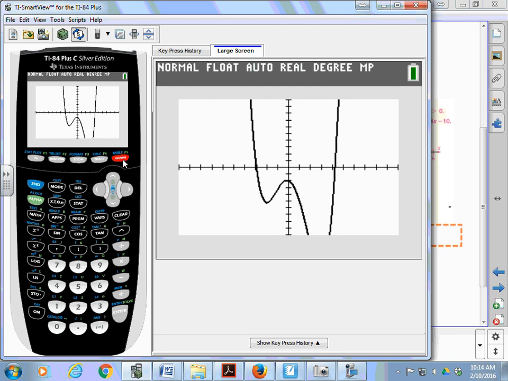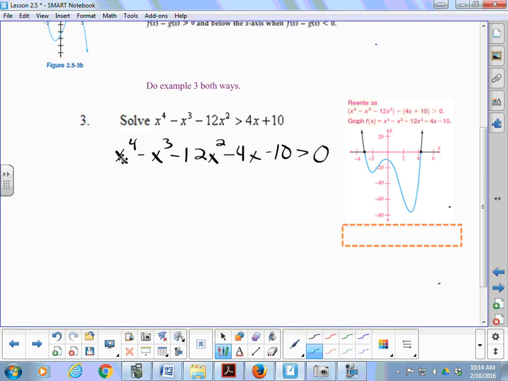All right, Jordan, what'd you get? X is greater than 4.21 and the left one negative 2.97. All right, so this is 4.21, and this one is what? Negative 2.97.